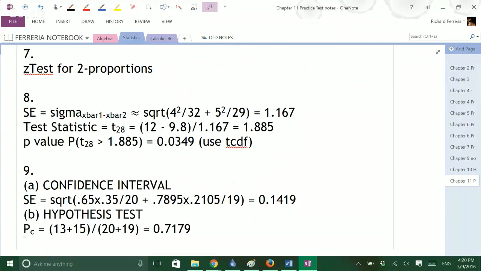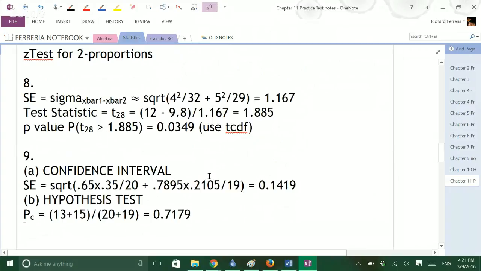PC is 0.7179. Now that I have PC, I can compute the standard error. That's going to be equal to the square root of 0.7179 times 0.2829. Oh, you put in the wrong number. I did?